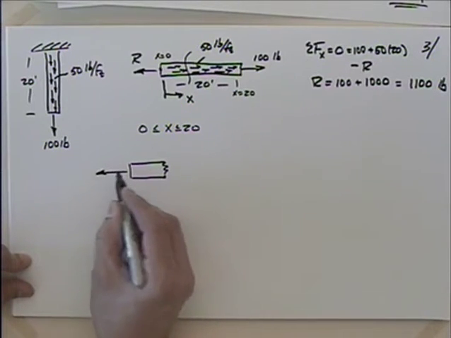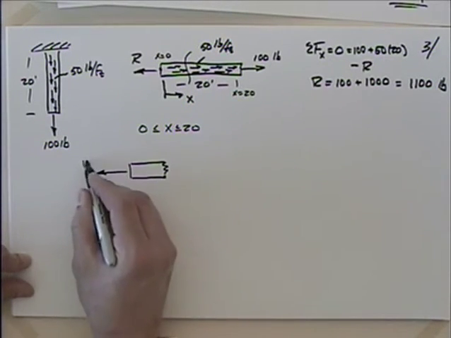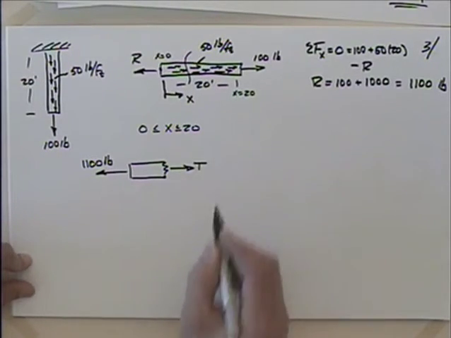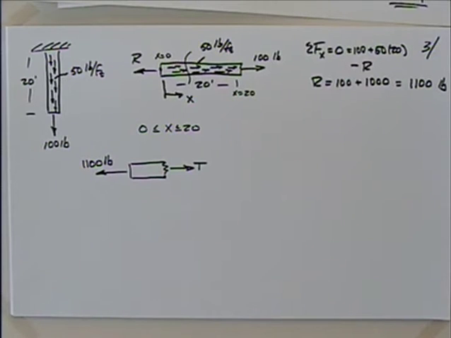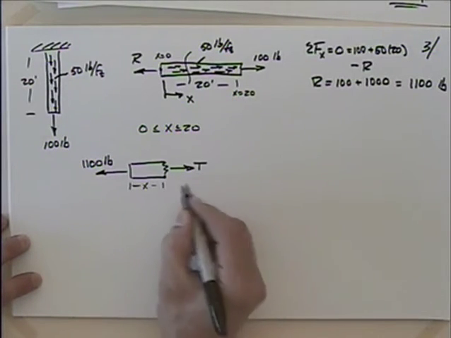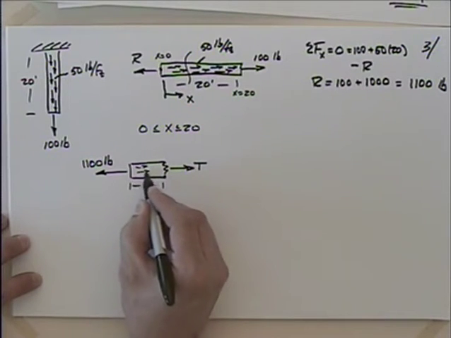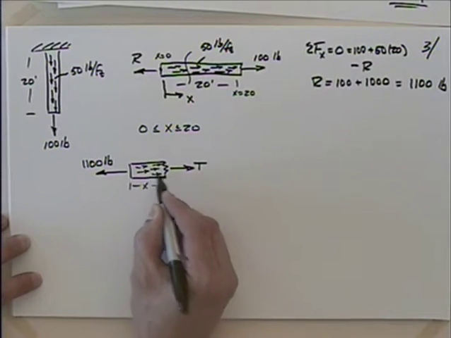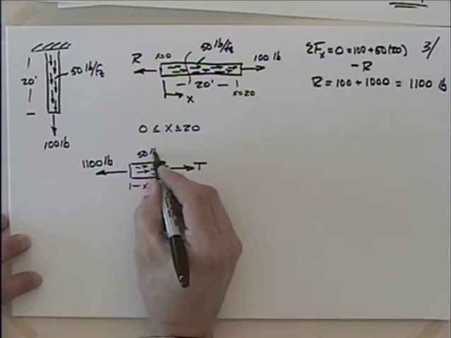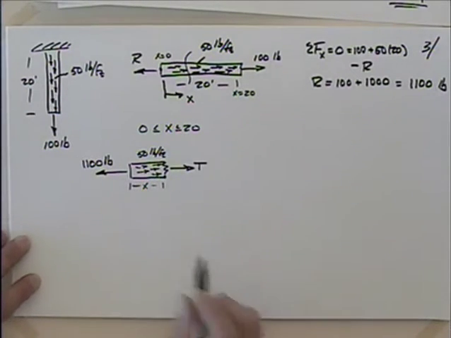And when I look at that section, I'm going to have something that looks like this. We found this reaction to be 1,100 pounds. We'll have our internal tension according to the deformation sign convention like that. This distance is x. And I still have this distributed load right there, 50 pounds per foot.